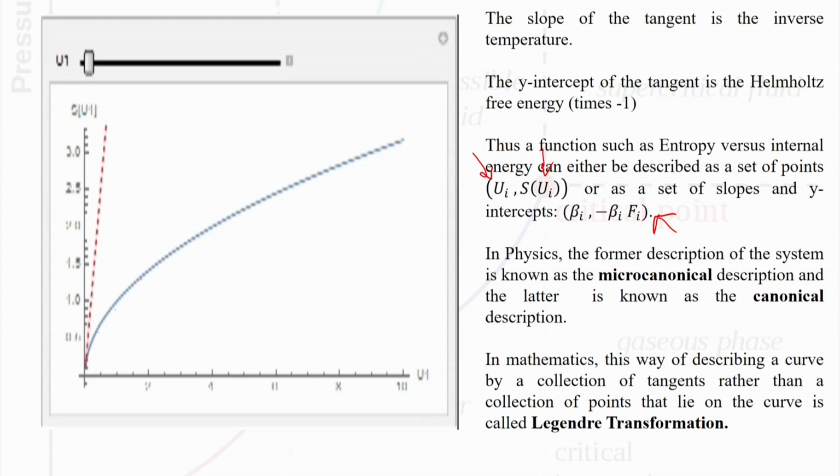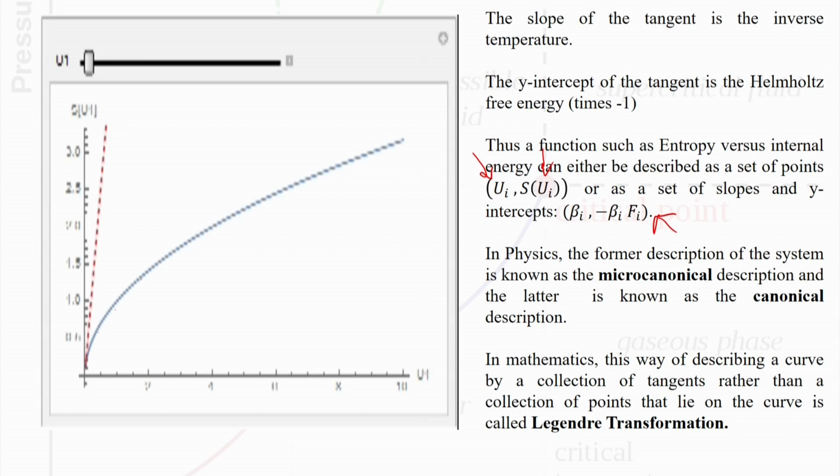In physics the S versus U curve is called a microcanonical description of the system. Canonical, I already told you what it means: canon means some rule book. Microcanonical because it talks about combinatorics and counting and that sort of thing. It's very microscopic, so it's called microcanonical.